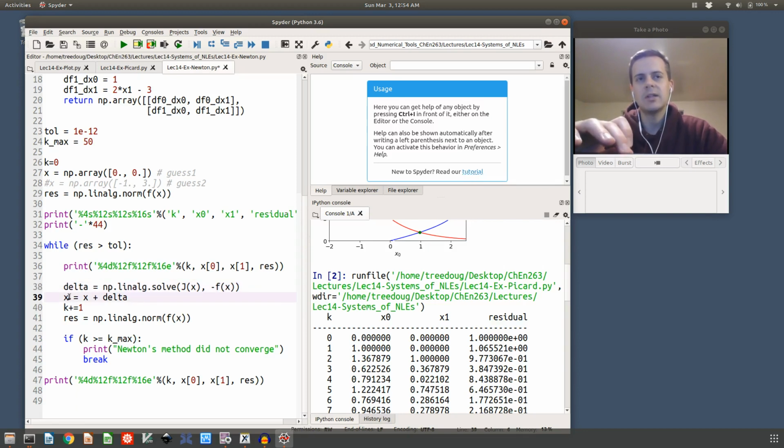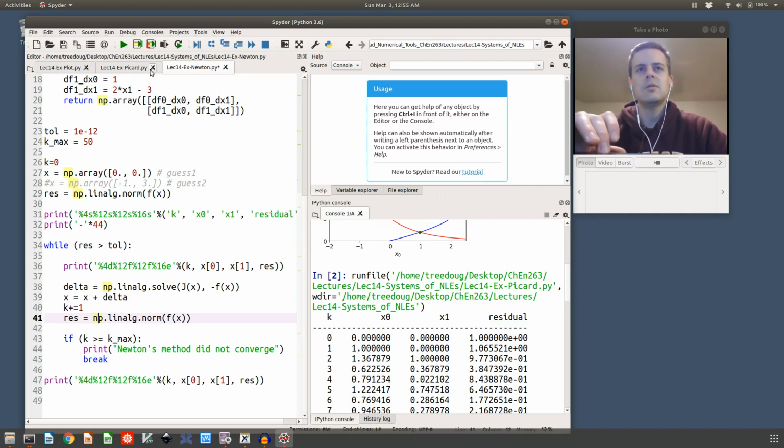And then I increment x by adding onto it x plus delta, right? Adding delta onto it. So x is assigned x plus delta. So those are 2 lines. Note that you don't have to go back and code Gauss elimination or other things, right? We learned the easy way of solving it, so now we can use that in just 1 line. Call the linear algebra solver on the ax equals b. Once I do that, I increment k, calculate my residual again, and let it go.